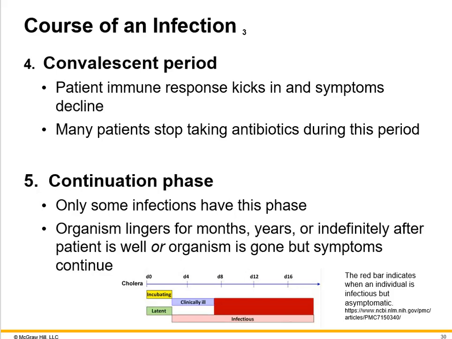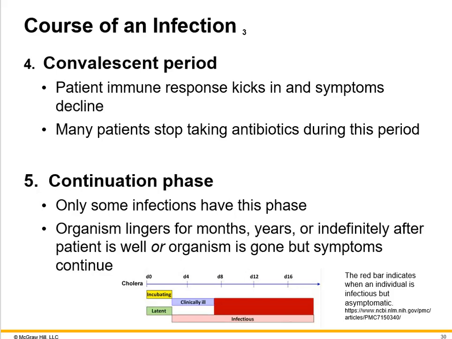Okay, so in the convalescent period, you start to feel better, and that's because your immune system is kicking in. The microorganisms are not reproducing at as high a rate as before, and you start to get better. The convalescent period usually involves the elimination of the pathogen from the body, but sometimes the host can harbor a pathogen indefinitely.